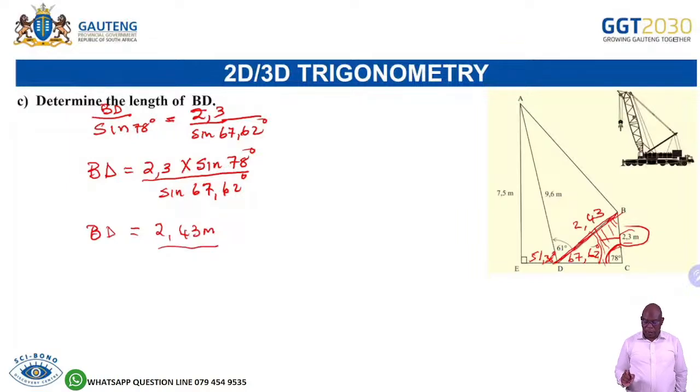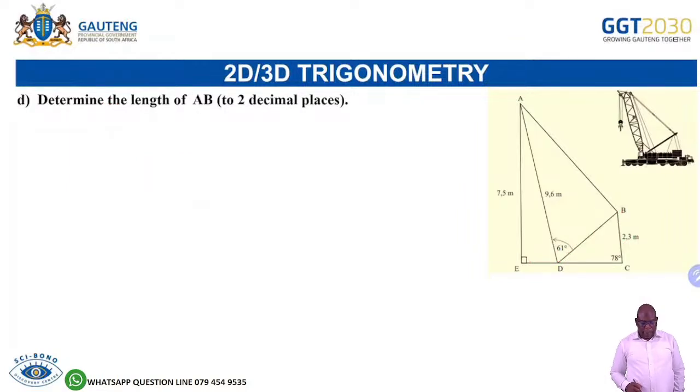Then what else do I need now? The next one, AB. This side here. How am I going to get that side? Remember, I've got this side here, BD, which we got as 2,43. We need that side here now. Do we have any known couple?